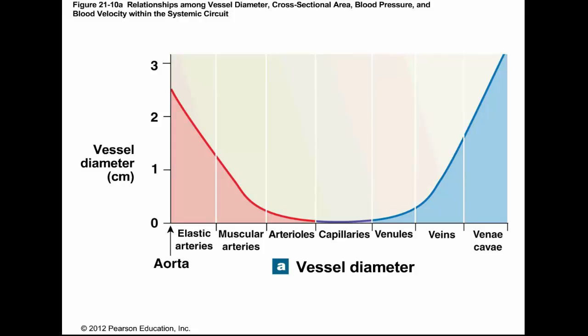The biggest diameter is in the aorta, and then you come across to the vena cava, which is bigger again. In between, we've got the muscular arteries, the arterioles, the capillaries, the venules, and the veins. You can see that the diameter decreases until you get down to the capillaries, and then on the venule side it begins to increase again.